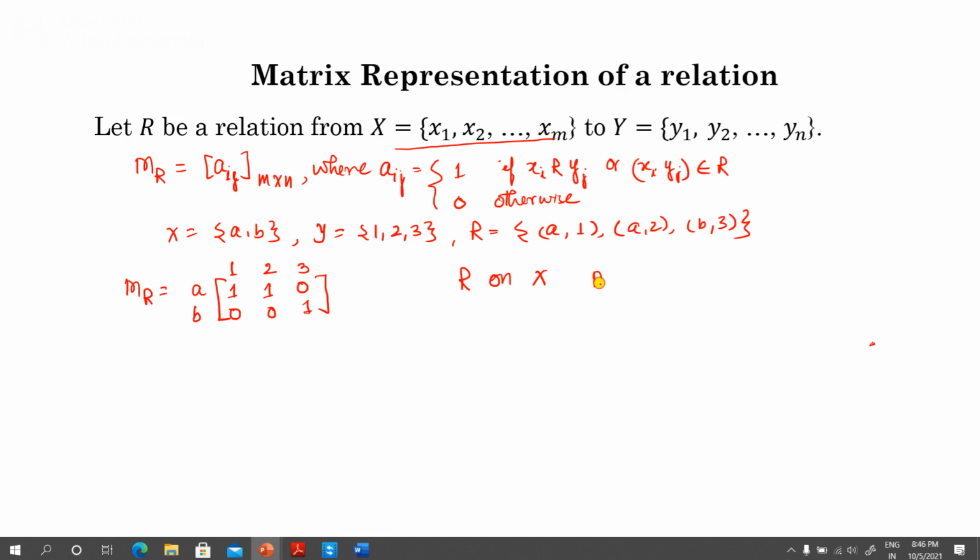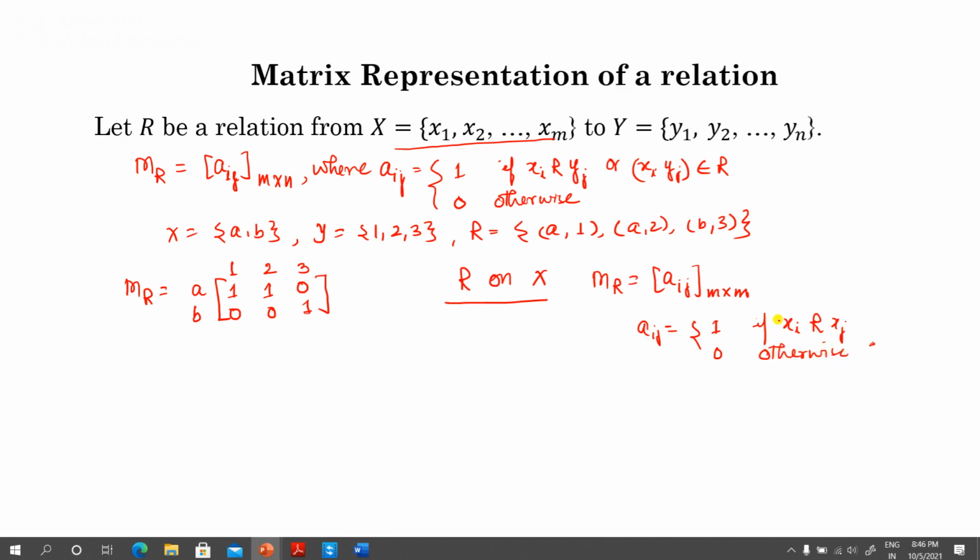In this case the matrix MR, this will be a square matrix of order m by m, and aij will be defined the same way: 1 if xi is related to xj, 0 otherwise.